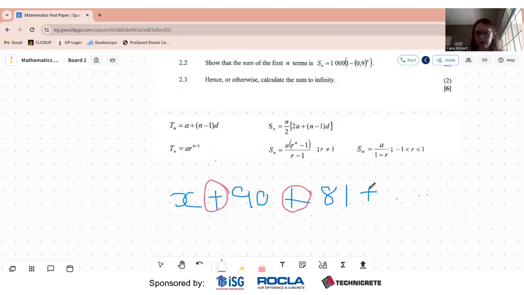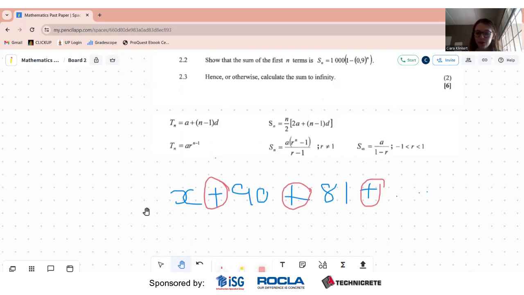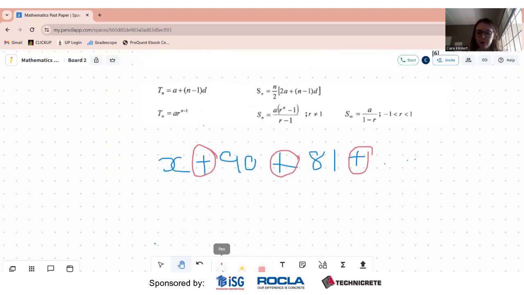But all the terms in the series actually form their own sequence. So although we want to calculate the sum of it, this x, 90, 81 is a standalone geometric sequence, and it actually follows all the rules of a geometric sequence. This is a very important fact, and a thing that you should keep in mind when attempting these questions.